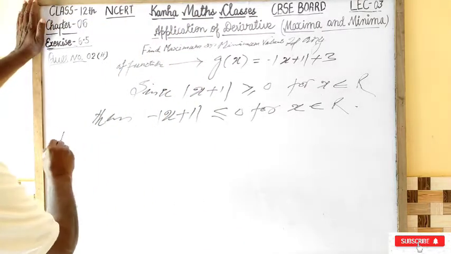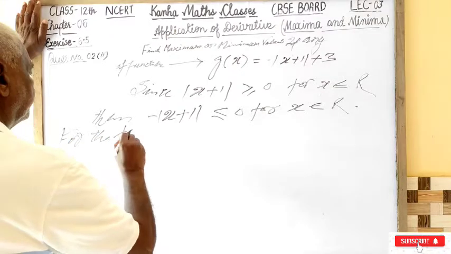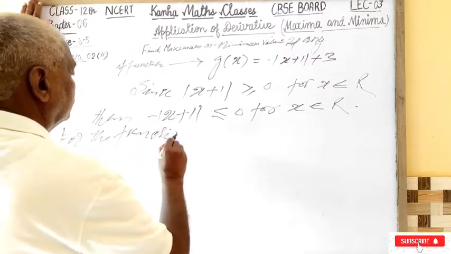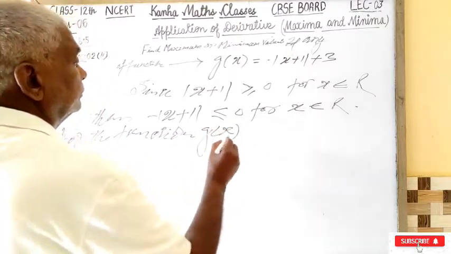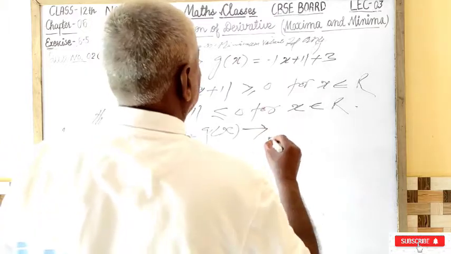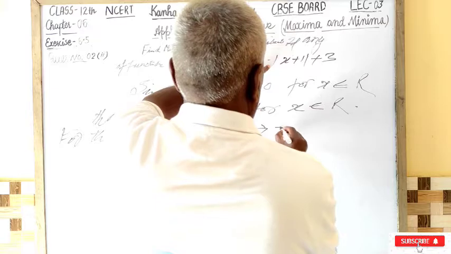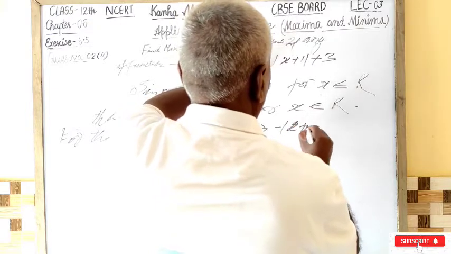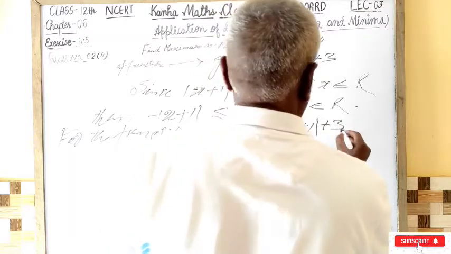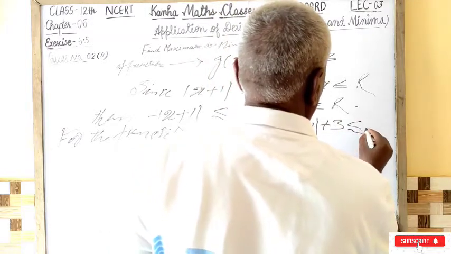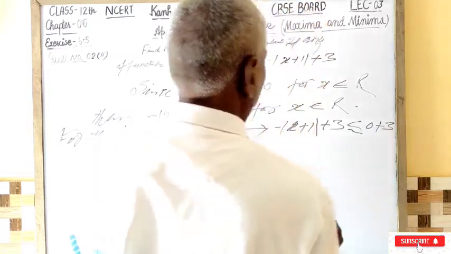For the function g(x), that is -|x + 1| + 3, it will be less than or equal to 0 + 3.